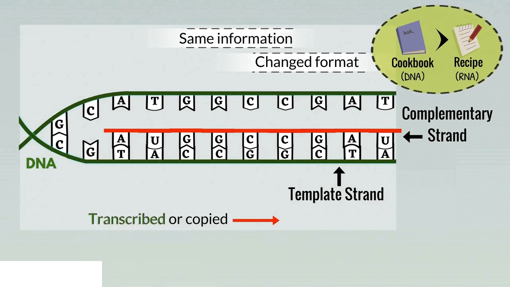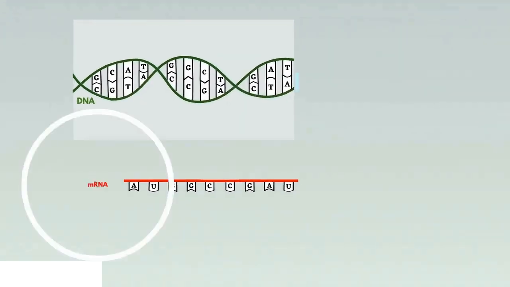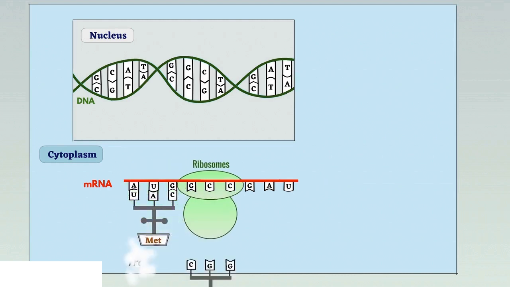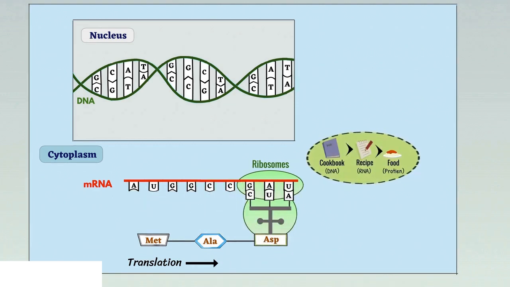Once the transcription process is completed, the DNA strands rejoin and the mRNA is transported outside the nucleus into the cytoplasm. The ribosomes gather around the mRNA and here starts the process of translation. Understand it like producing the food from the recipe.